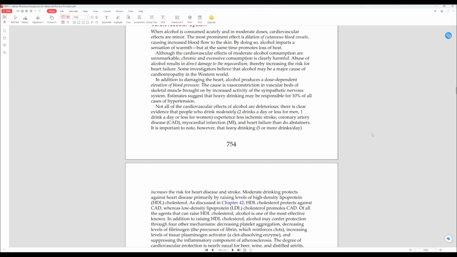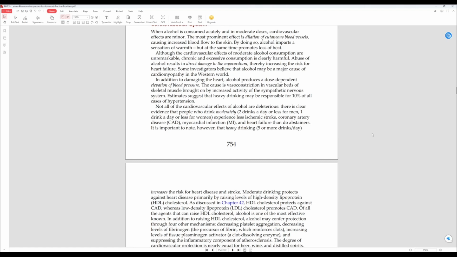Although the cardiovascular effects of moderate alcohol consumption are unremarkable, chronic and excessive consumption is clearly harmful. Abuse of alcohol results in direct damage to the myocardium, thereby increasing the risk for heart failure. Some investigators believe that alcohol may be a major cause of cardiomyopathy in the Western world.